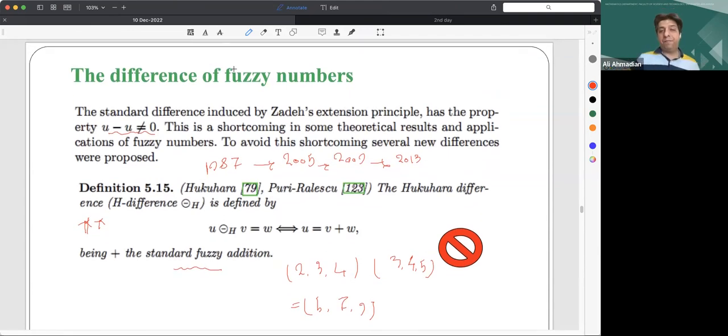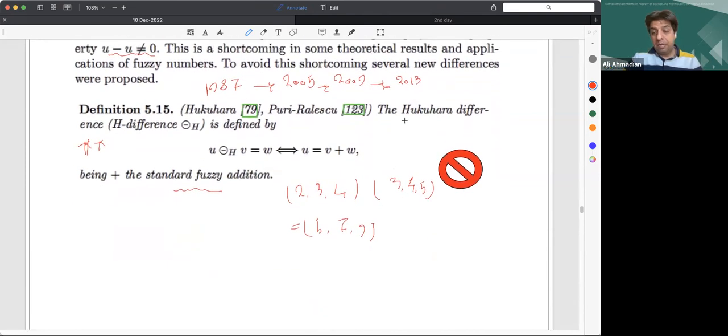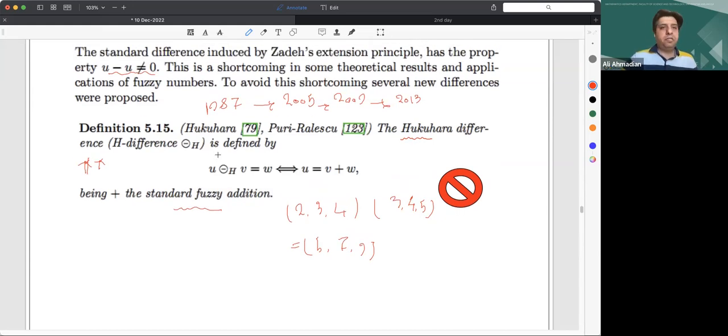So we reach the difference of fuzzy numbers, the last part. For fuzzy numbers, the most common difference is called the Fukuhara difference, defined by this symbol. Why do we need this difference compared with the normal one?